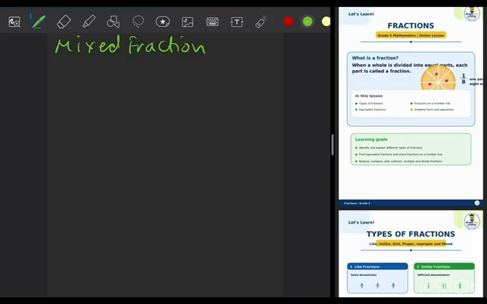Example, if I write 1 2 by 7, this is a mixed fraction.